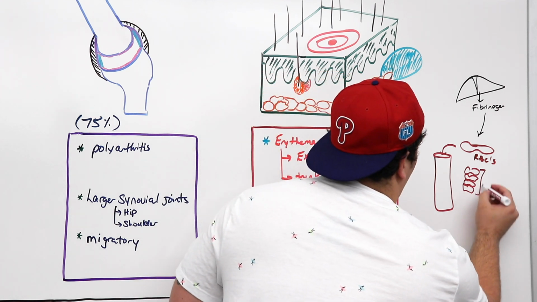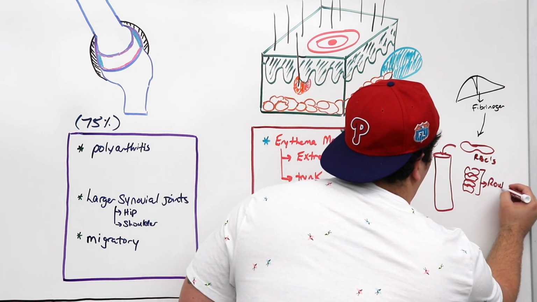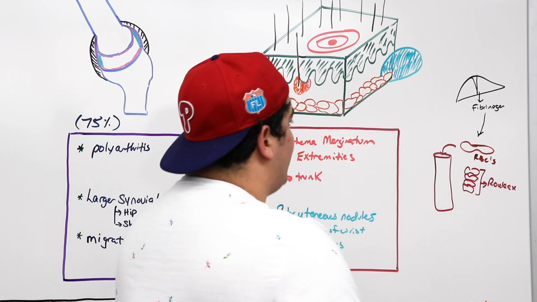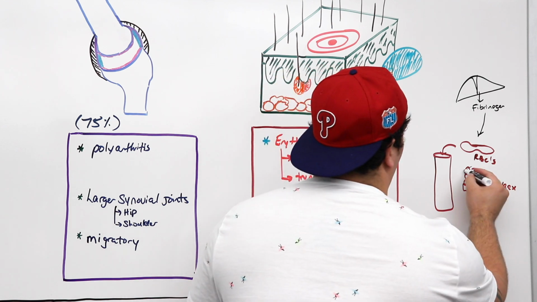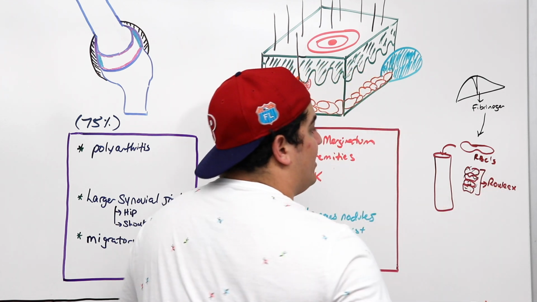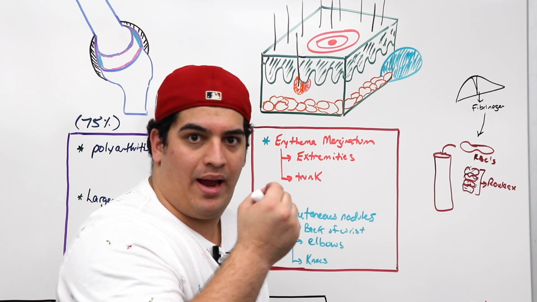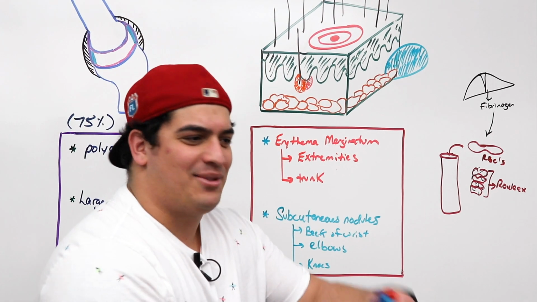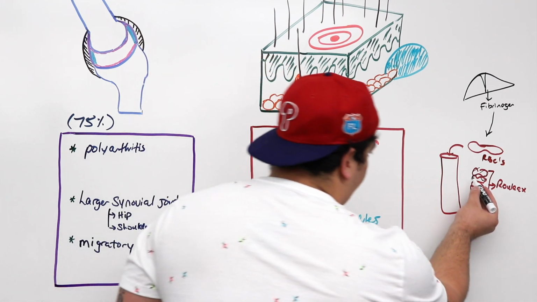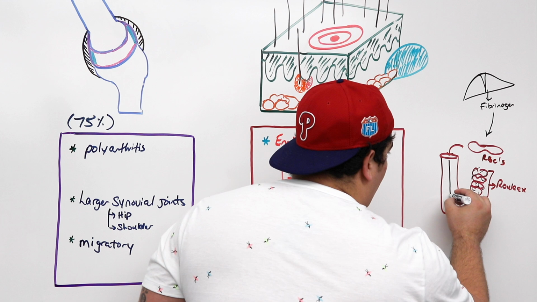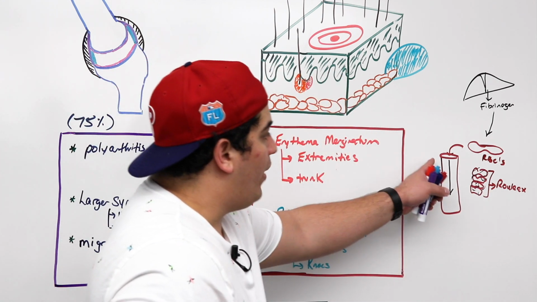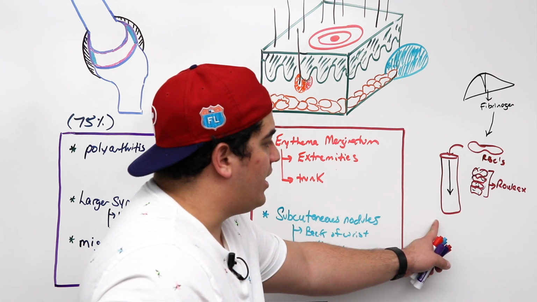This is called a rouleau formation. Now, why is that important? Because as this fibrinogen causes a lot of these to stick together to form this rouleau, now look at the density of this. It's going to have a lot of proteins weighing on it. It's more aerodynamic. It can actually fall a lot faster. So because of this, it is going to fall to the bottom of the test tube a lot faster than normal.